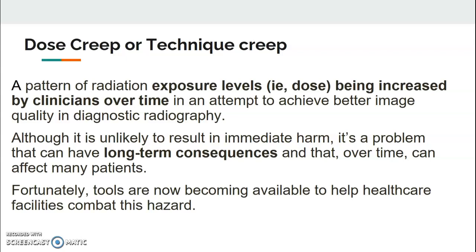I think this also comes down to a communication breakdown between technologists and their radiologists. If they think they need to continually overexpose to get the image that the radiologist wants, they're going to continue to do so. So communication with the radiologist is key on what their expectations or requirements are, and testing of the equipment.